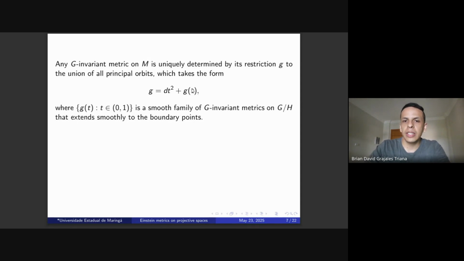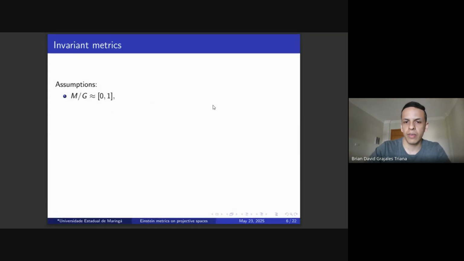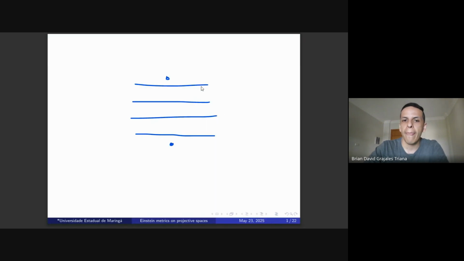The good thing is that the metric restricted to the union of all principal orbits takes this form: g equals dt squared plus g_t, where for each t, g_t is a G-invariant metric on the quotient G over H. Let me give a little explanation here.